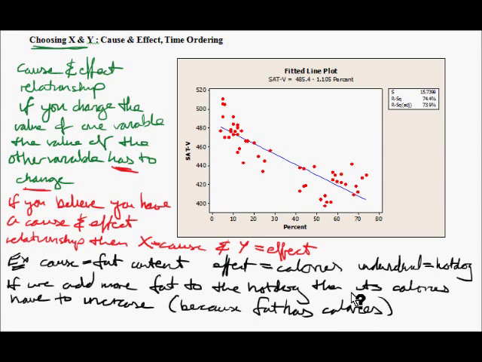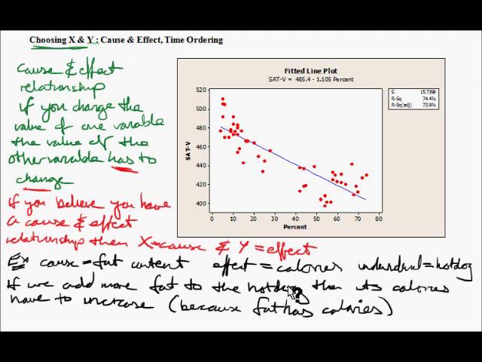If you increase the sodium, that's not cause and effect. Sodium won't necessarily cause calories to increase because sodium has no calories, but fat has calories. So fat and calories have a cause and effect relationship. Since fat is part of calories, if you increase the fat, the calories have to go up.